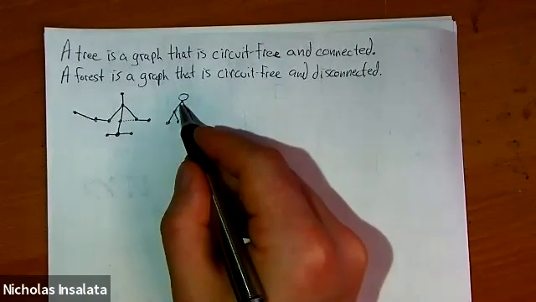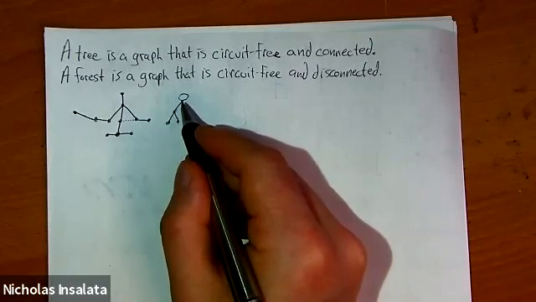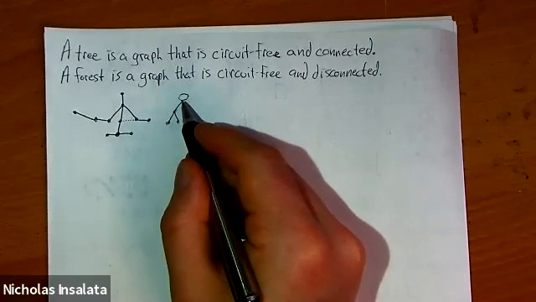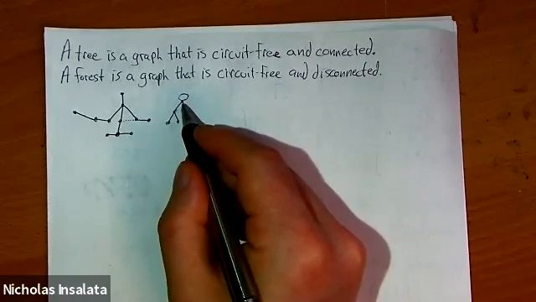Sorry, David, I see what you're saying now. Oh, A and then R. Okay, now I get what you're saying. So you're going from one vertex back to that same vertex. Got it. So in that case, it would not be a tree because there would be a circuit that just walks over that loop.